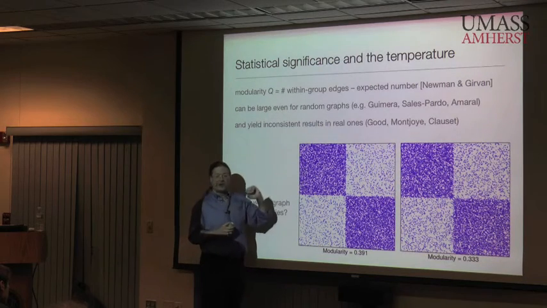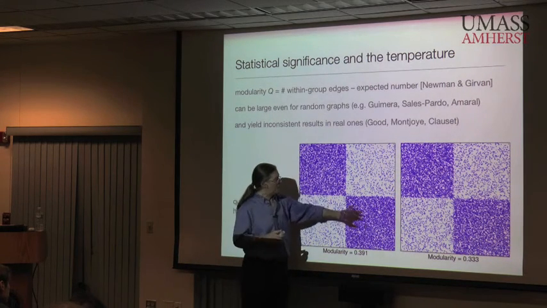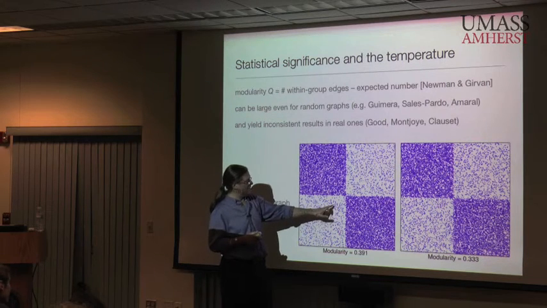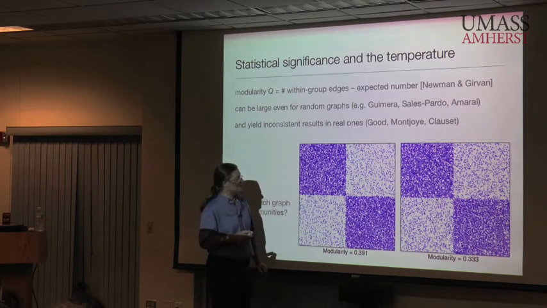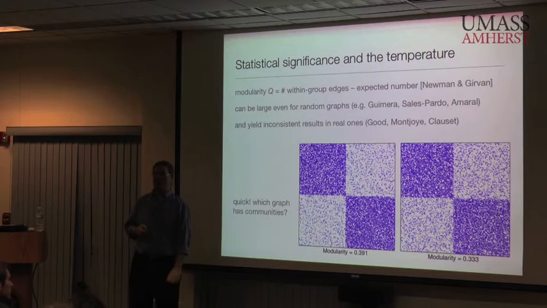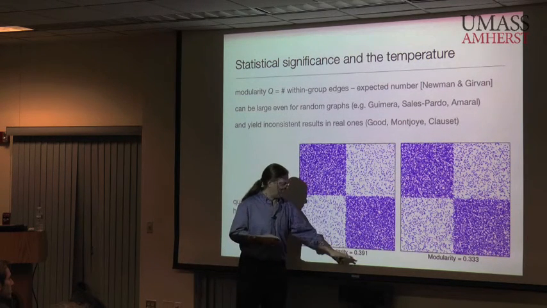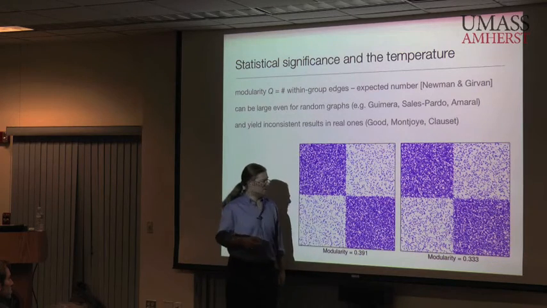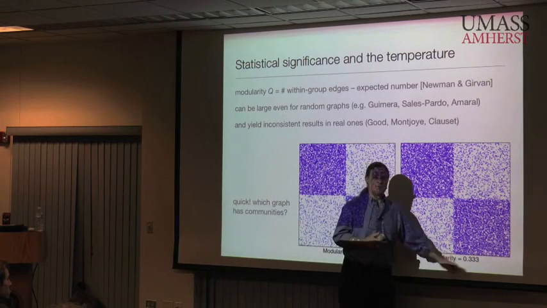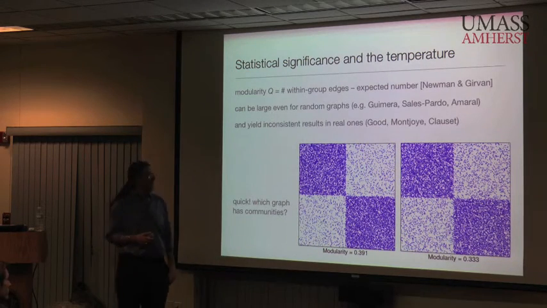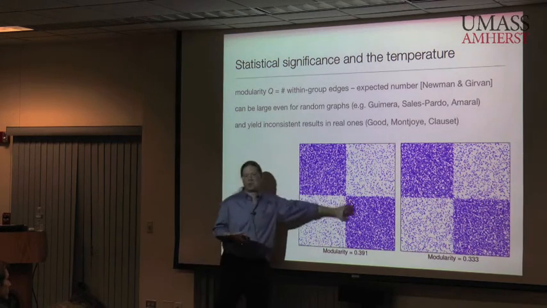These are adjacency matrices where each row and column is a vertex, and there is a dot if there's a link between them, and which one really has communities? This community structure has a modularity of 0.39. This one has a modularity of only 0.33. Well, guess what? This is a completely random graph.